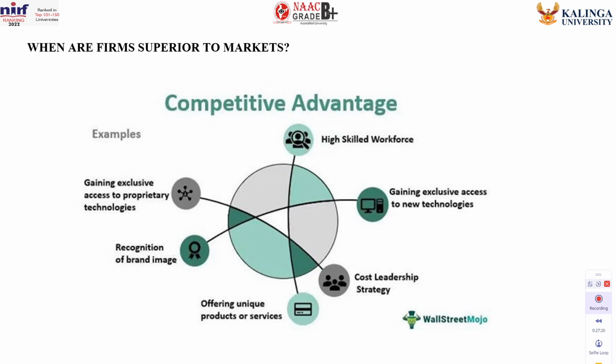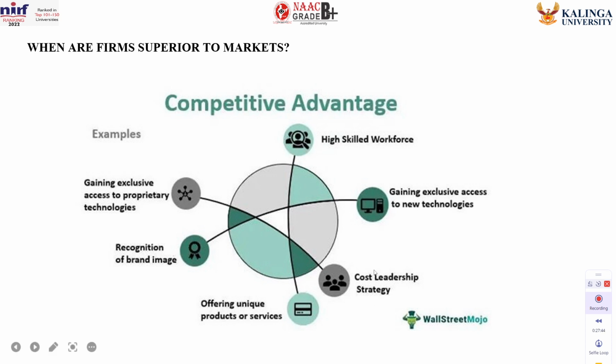When are firms superior to the market? Firms can be superior to the market only when they have a competitive advantage. What is competitive advantage? They have some advantage which other players in the market don't have. And what can those competitive advantages be? That can be a high skilled workforce, or gaining exclusive access to new technology.